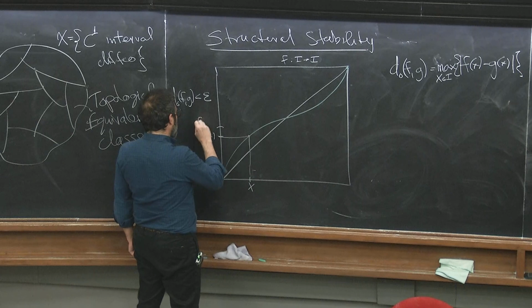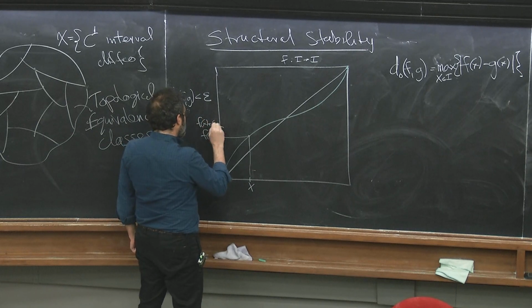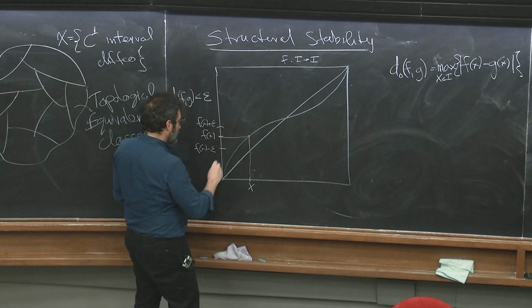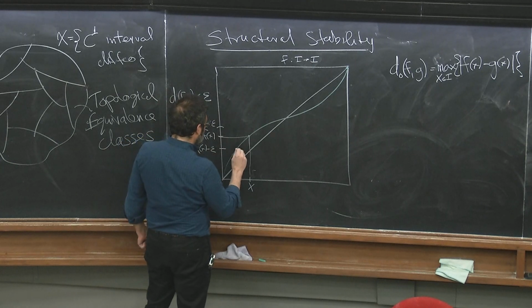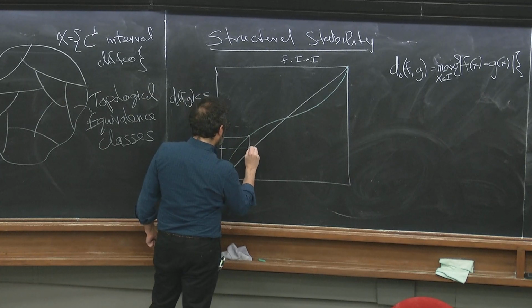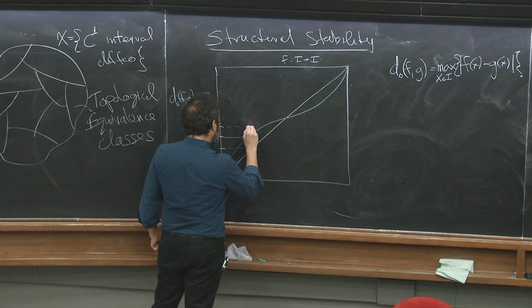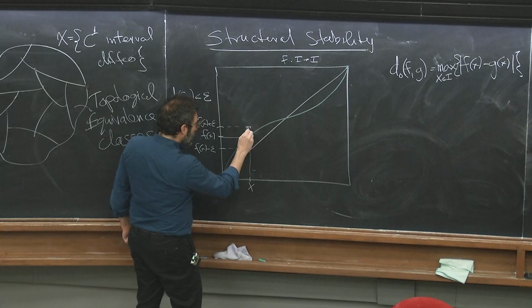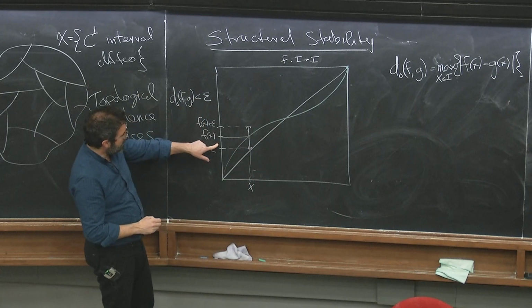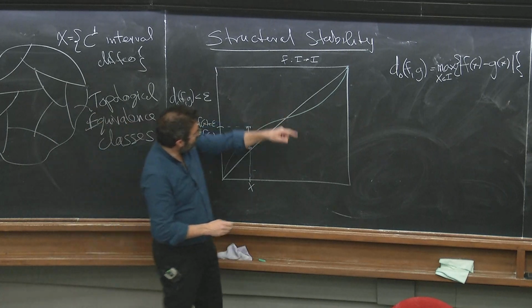So this is f(x) plus epsilon, and this is f(x) minus epsilon. So this means that the graph of g must be somewhere between these two points, right? g(x) must be here.